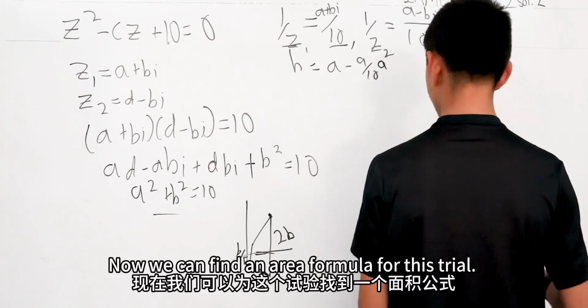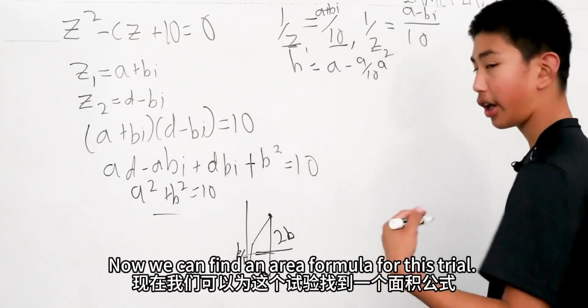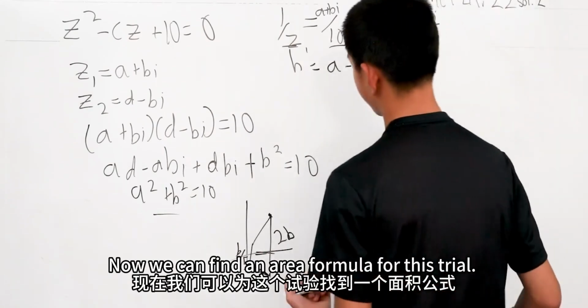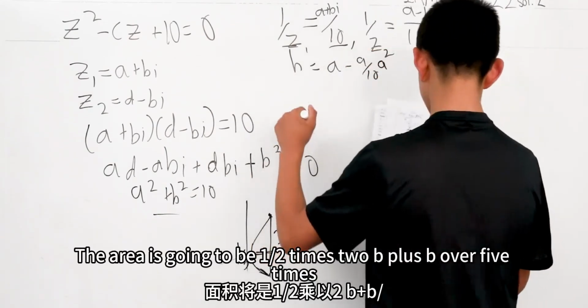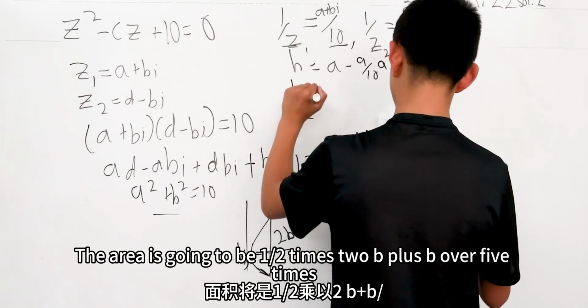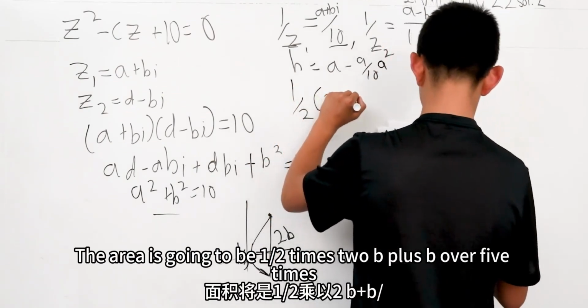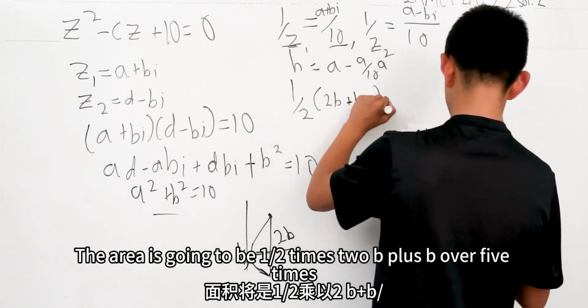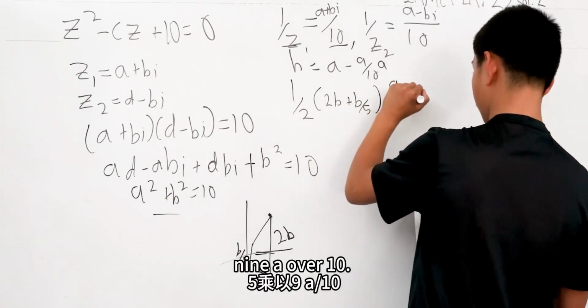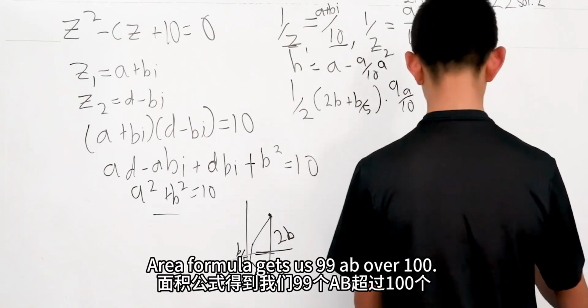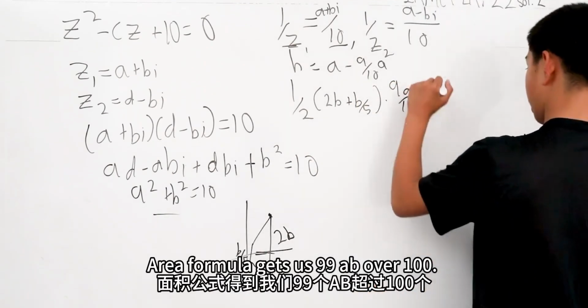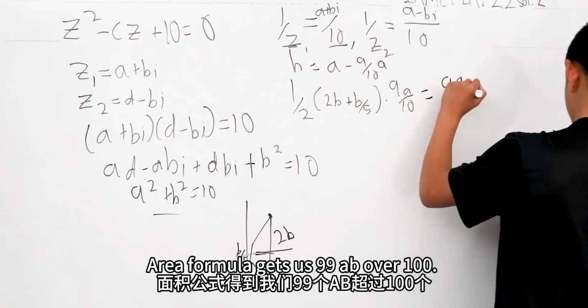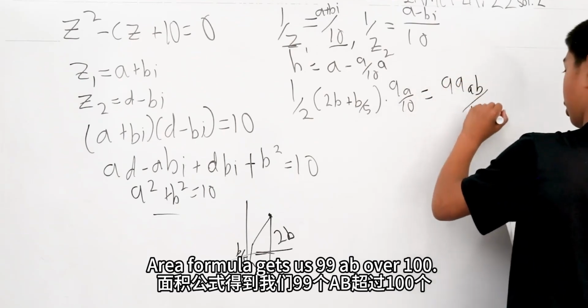Okay, and now we can find an area formula for this trapezoid. The area is going to be 1/2 times 2b plus b over 5 times 9a over 10. The area formula gets us 99ab over 100.